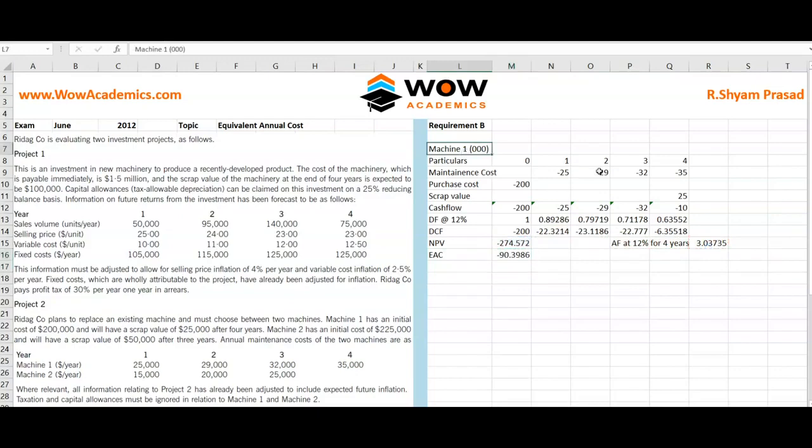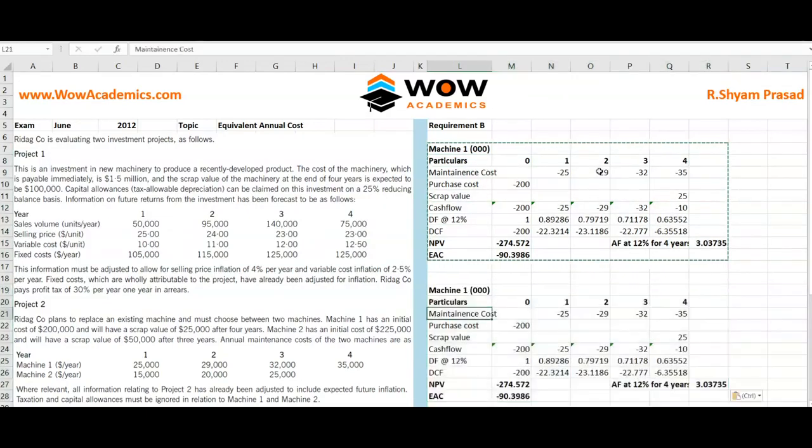So we got it for the first machine. Now we have to get it for the next machine, machine 2. For machine 2 you don't need to work out separately. You can copy from whatever we have done here.